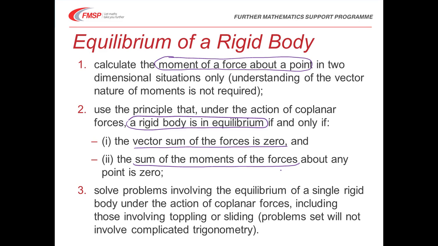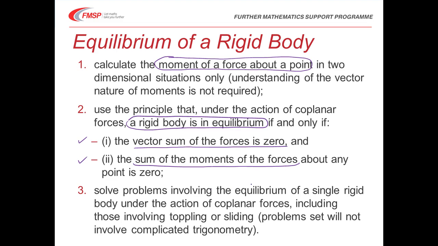In short then, for every equilibrium question we have two tools in our kit bag to use: resolving forces and taking moments. We want to be sure that the resultant force in any direction is zero, and that tells us that the rigid body is not moving or accelerating in any direction. And then secondly, that the sum of the moments about any suitable point is zero, and that tells us that the rigid body is not rotating.